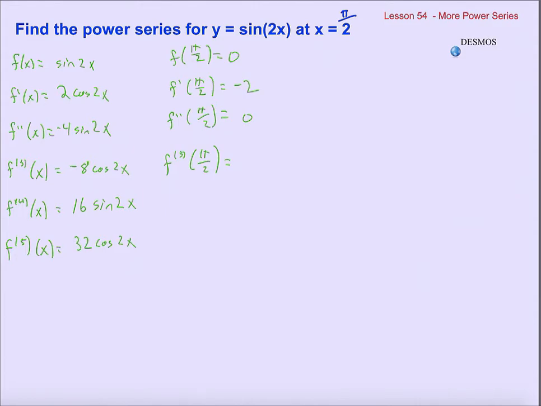But now there's a negative 8 in front of it, so it's actually positive 8. And the fourth derivative of f evaluated at pi over 2 is 0 again, because again it's the sine of 2 pi over 2. And then our last one, the fifth derivative of our function evaluated at x equals pi over 2 is 32 times the cosine of pi, which is negative 32.